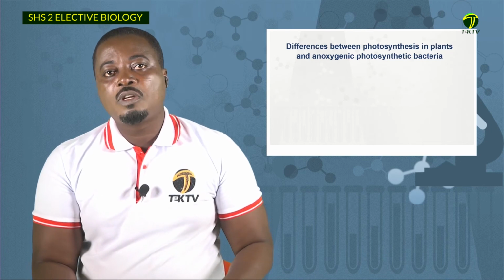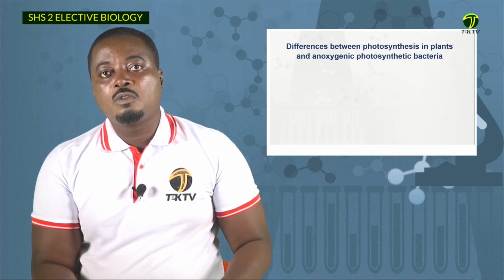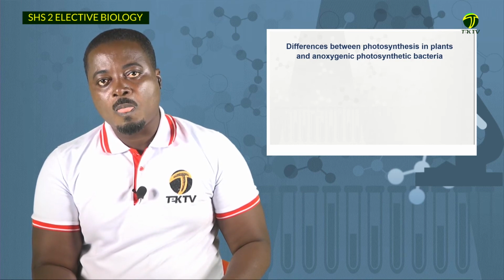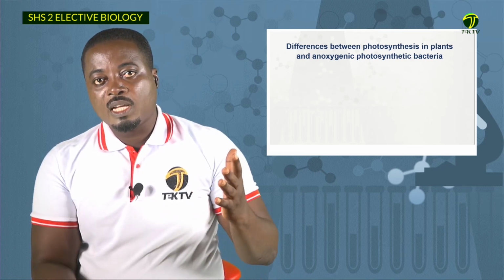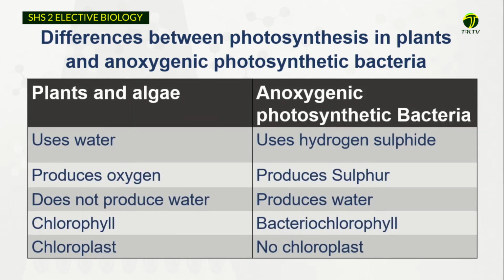Now, let's look at differences between photosynthesis in plants and anoxygenic photosynthetic bacteria. We can include the cyanobacteria with plants. Plants and algae use water as the electron donor, while the anoxygenic photosynthetic bacteria use hydrogen sulfide.